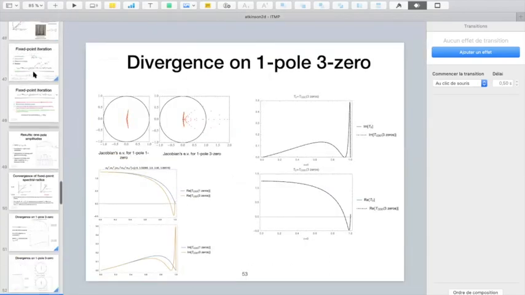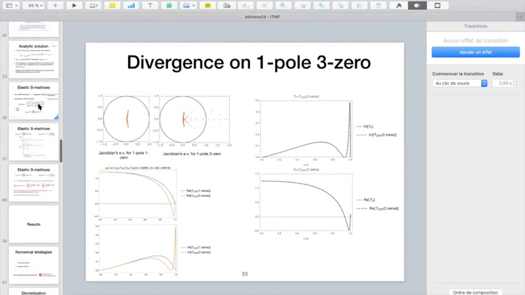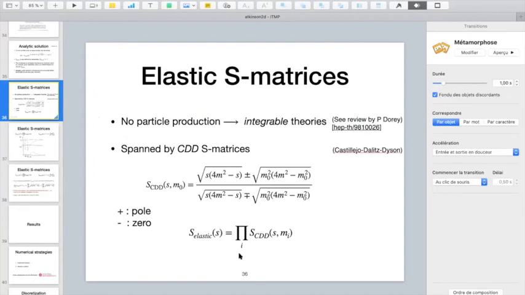You had that as a result, and you see this coming out. Yeah, and I think this form already has the crossing symmetry that you said, which in this case is just reflection around 2m squared.